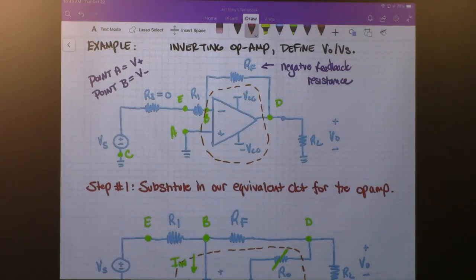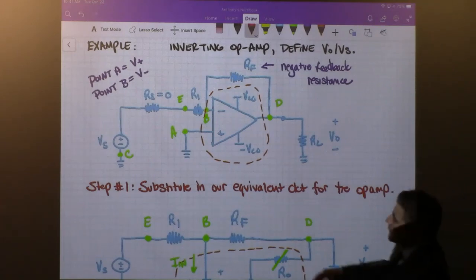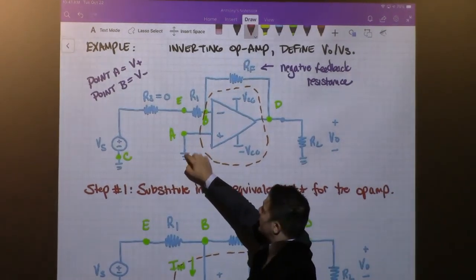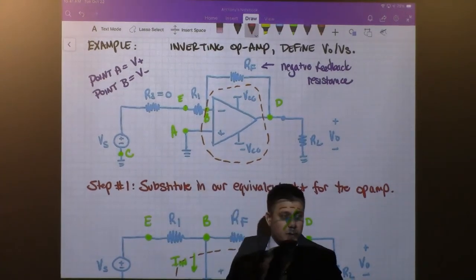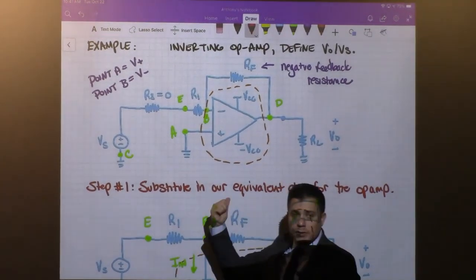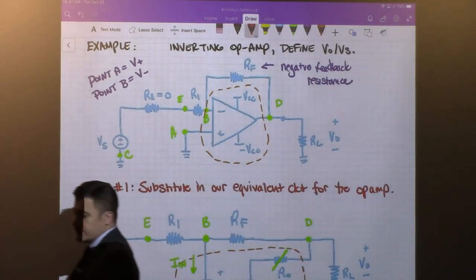VA is point V plus, VB is point V minus. Why is VB equal to 0? Yes? Is it because VA or the V plus is also equal to 0 because it's just grounded? Right, this is grounded. We know those two points are at the same potential, so we know VB is equal to 0.